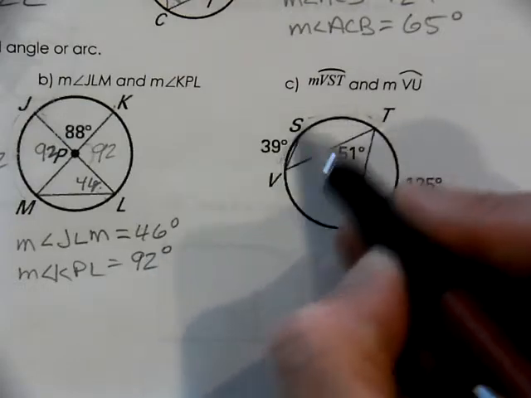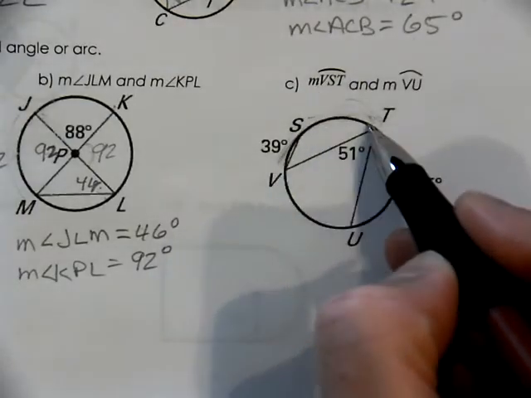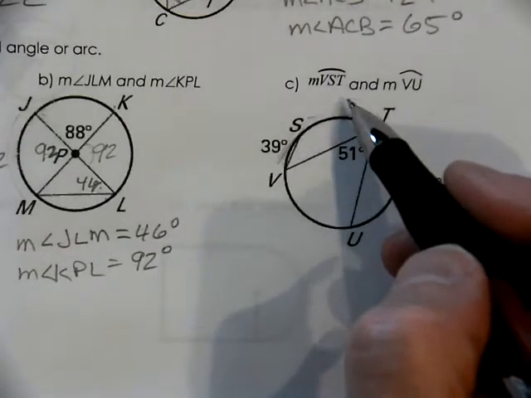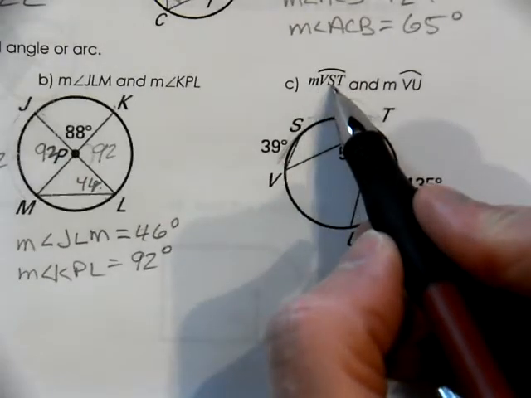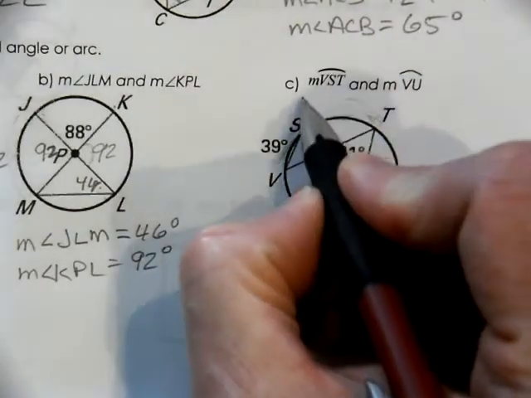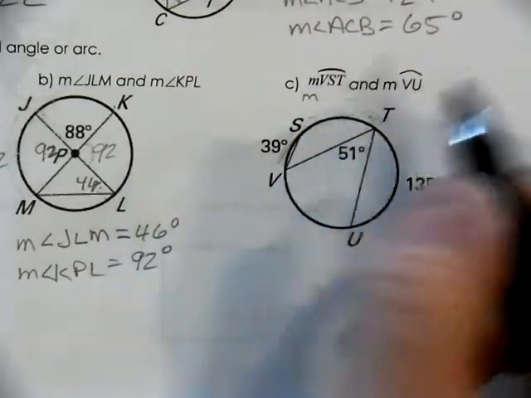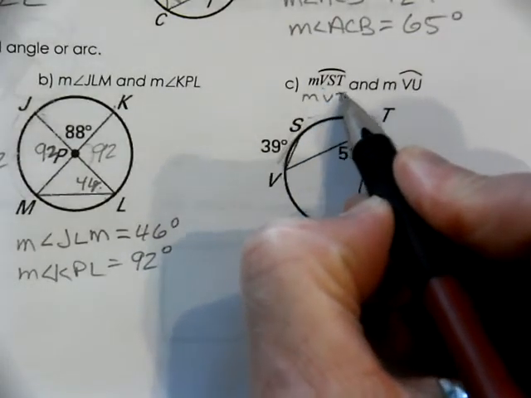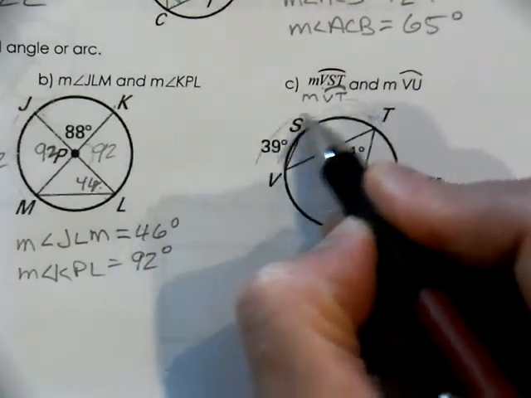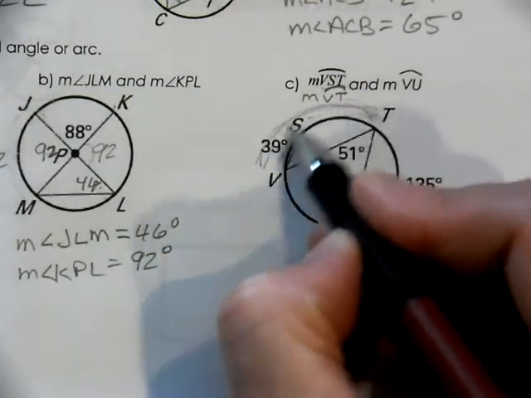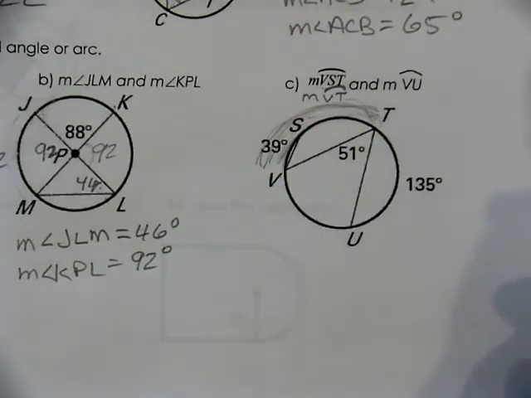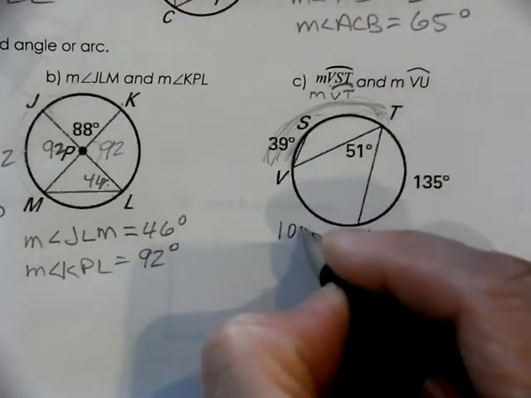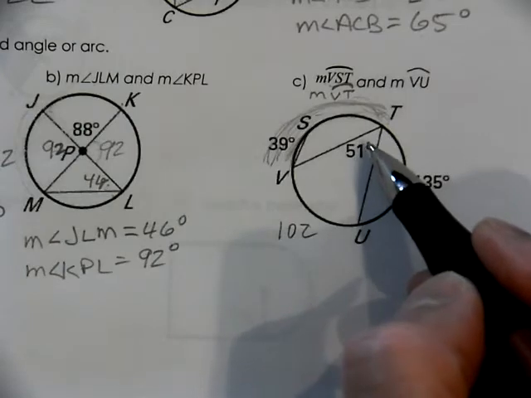VST, well, that's a small arc. It's called a minor arc, not acute, but that's a minor arc. It should not have 3 letters. So we could call that the measurement of, if you want, VT. That would include the 39. That's what we're looking for. Well, if this is 51, we know that the arc is going to be 102, because the inscribed angle equals half.